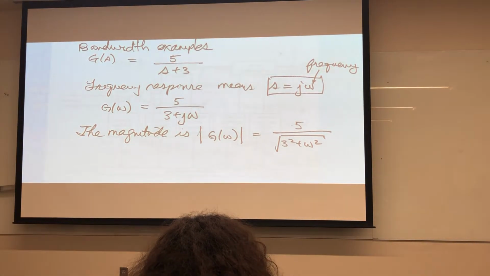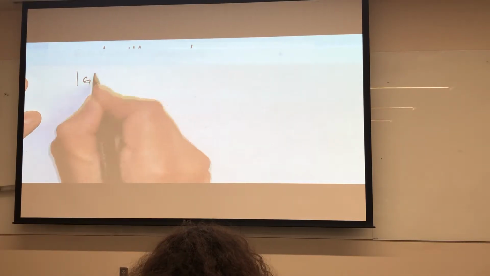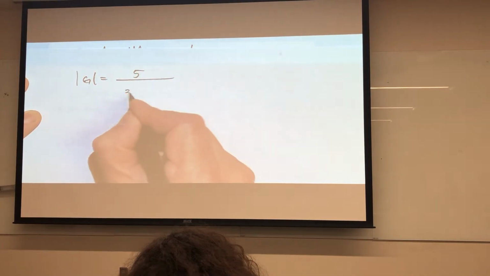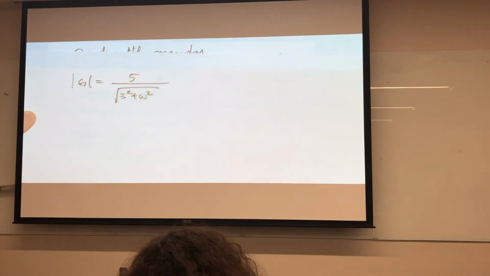So let's find the bandwidth now. Let's first find the 3 dB bandwidth. Okay, we've got the magnitude of G is equal to 5 over the square root of 3 squared plus omega squared.